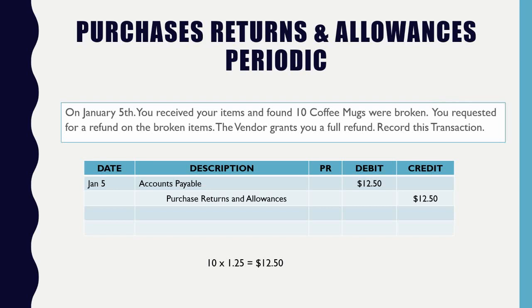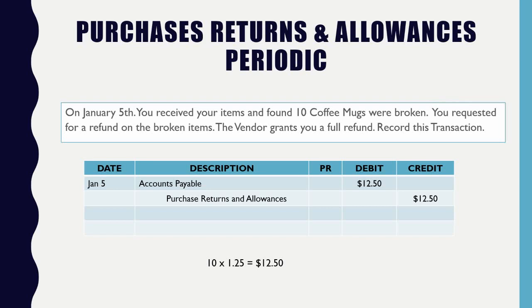So if I originally purchased each coffee cup at $1.25 and I'm returning 10 of them for a full refund, 10 times $1.25 gives you $12.50. That's going to reduce how much you owe. You have those three options: you either receive a credit, which is exactly what you're doing here; second, you get a full refund and get your money back, but in this case, I never paid; so this one is being applied to the invoice, which is option 3.